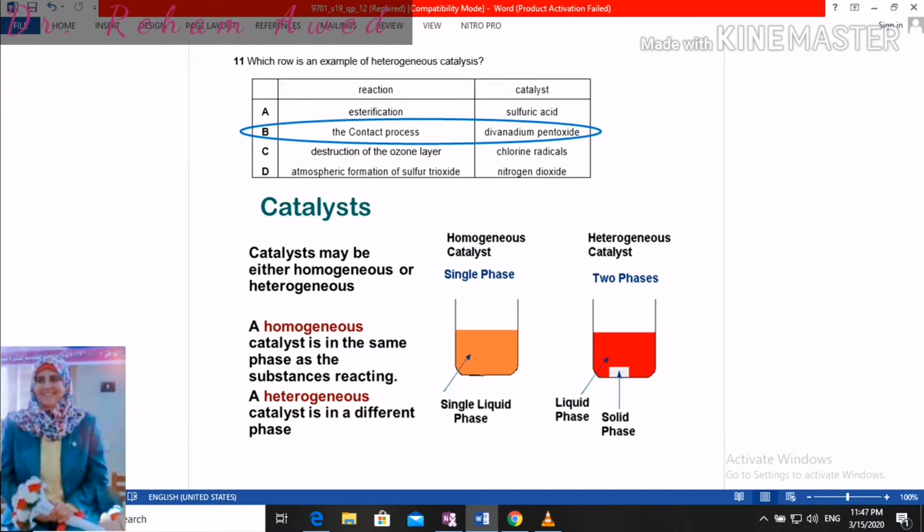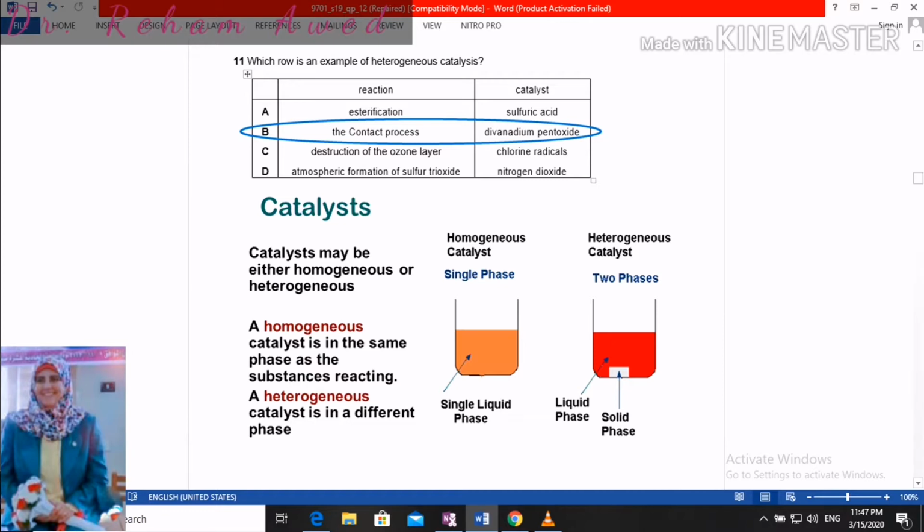A third choice, we can say destruction of ozone layer. Ozone layer consists of O3. O3 is oxygen. We react with chlorine radical in the gaseous form also to form the destruction of ozone and form oxygen plus oxygen radical.